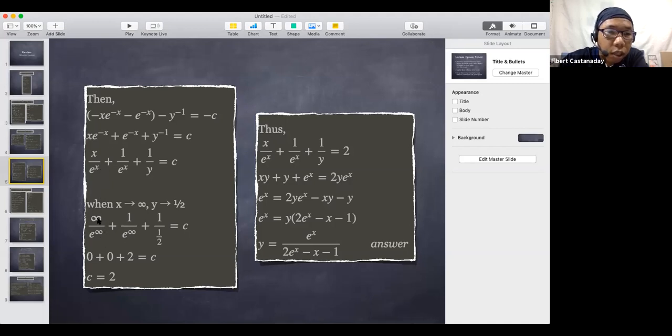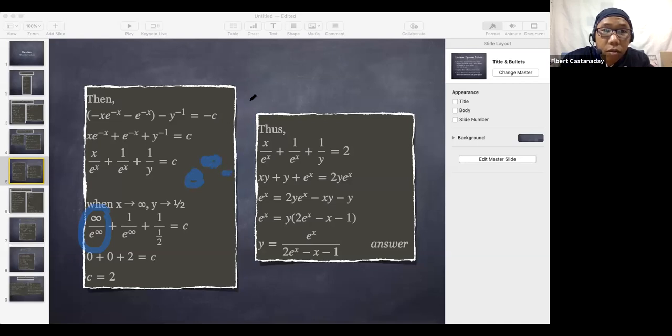Okay, do you have any question on this term? Let me just annotate here. So this term right here, why did it become 0? Are you wondering? When we say e raised to infinity, it's equal to infinity, right?